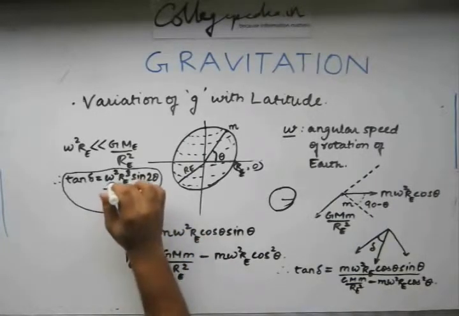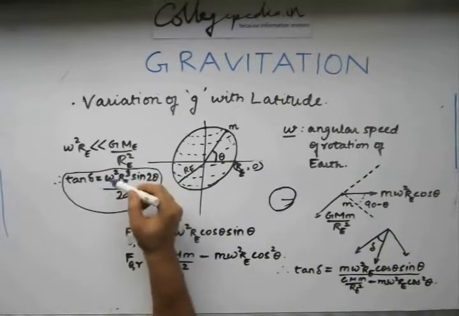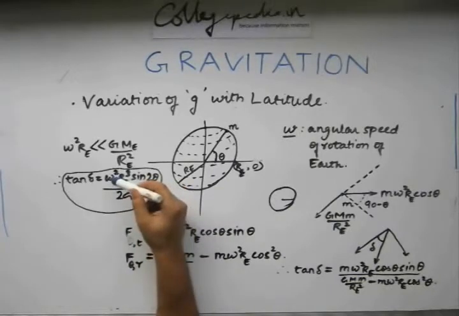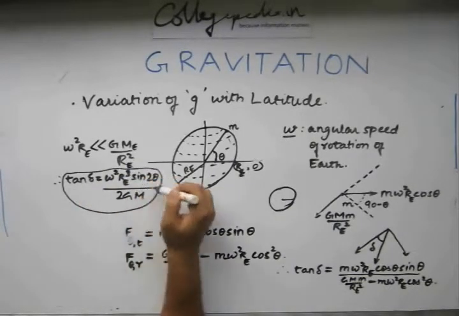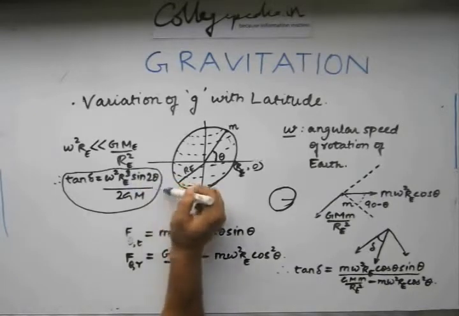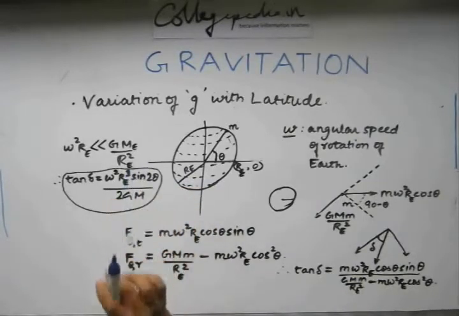We know the value of omega, because we know the period of rotation is 24 hours. We know the radius of earth, we know G, we know M, we know everything in this part. We can thus find the value of sin 2 theta, which in turn gives the value of theta. Once we know theta, we know at what latitude we are presently at.